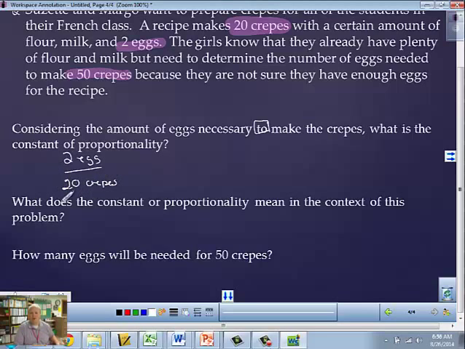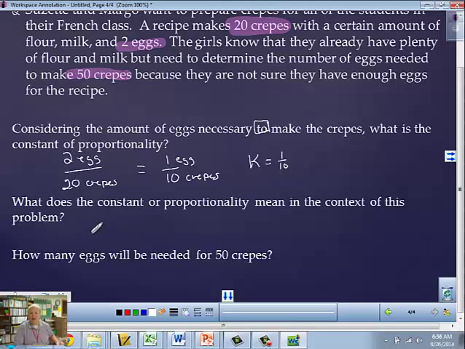Okay, well, can I reduce 2 over 10? Most definitely I can. I can reduce that to 1 over 10. So 1 egg for every 10 crepes. And guess what? My K then is 1/10. Okay? My constant of proportionality is 1/10.